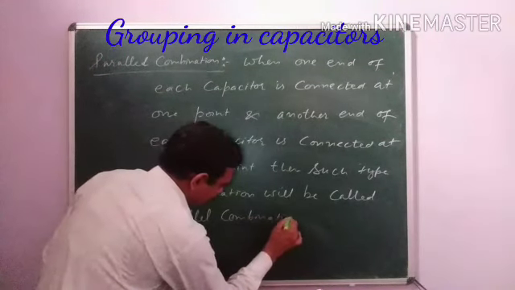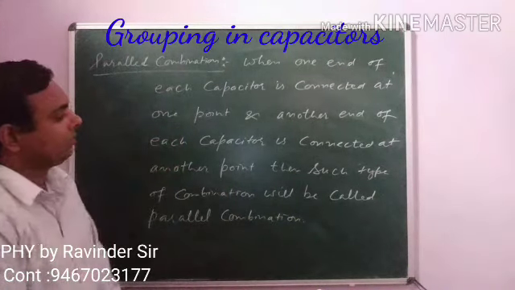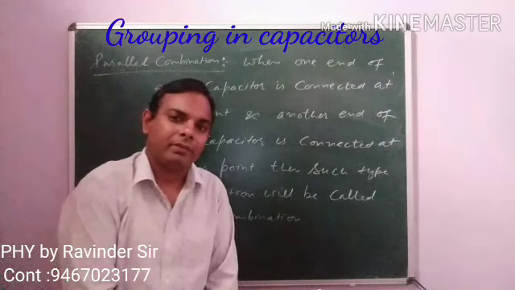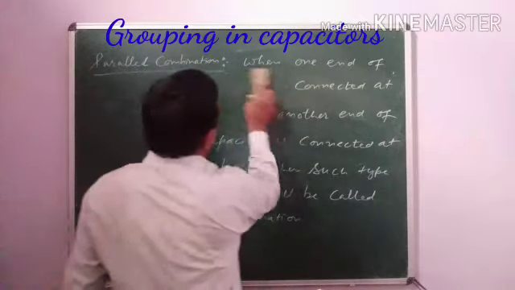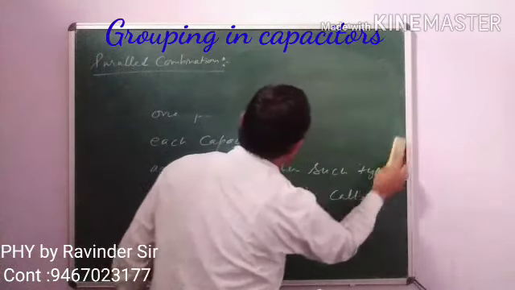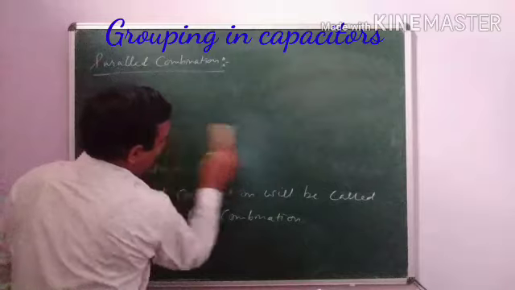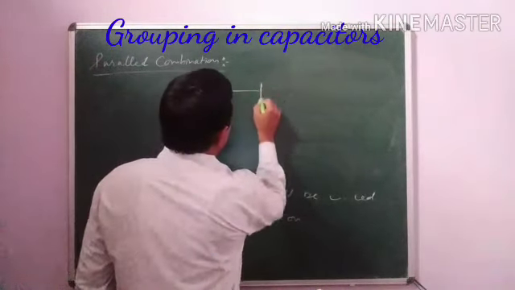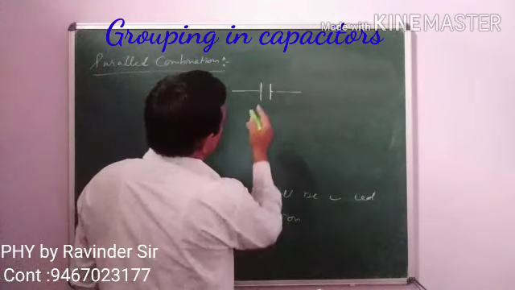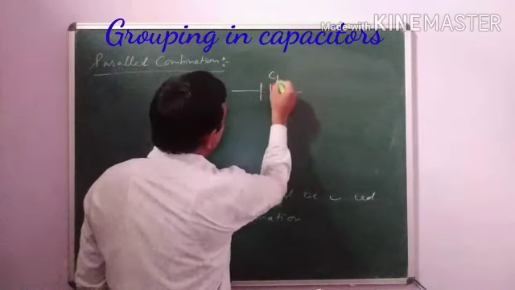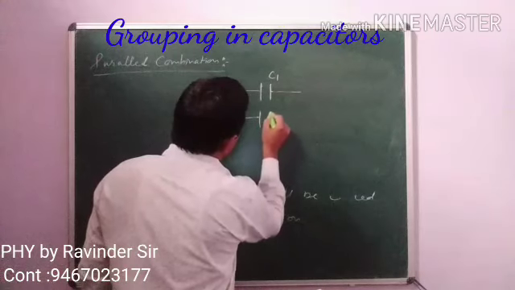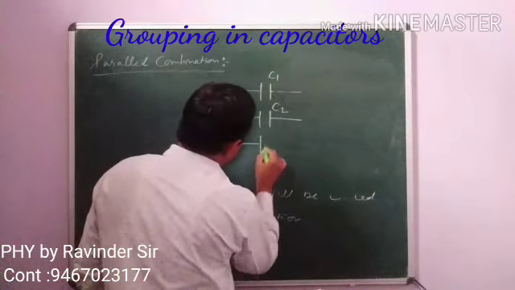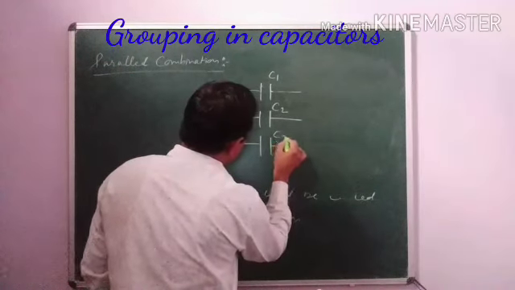For this, consider we have three capacitors. Capacitor first having capacitance C1, capacitor second having capacitance C2, and capacitor third having capacitance C3.